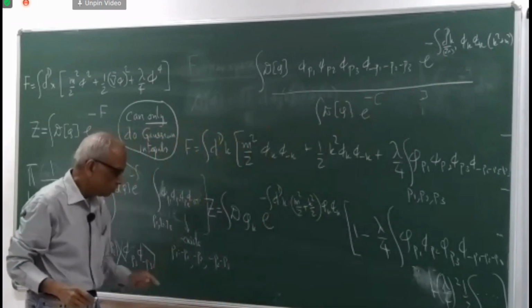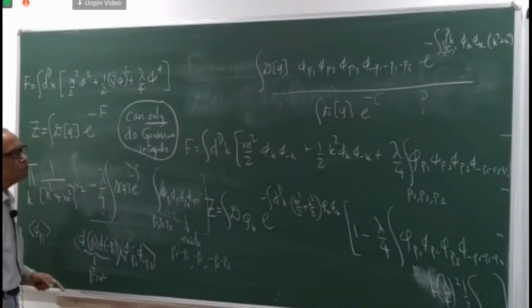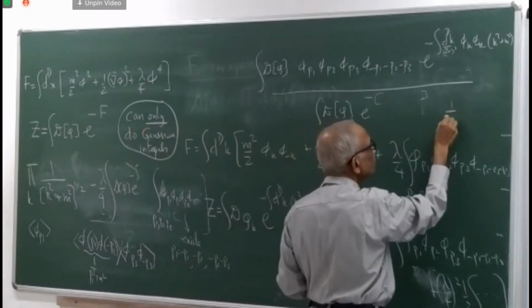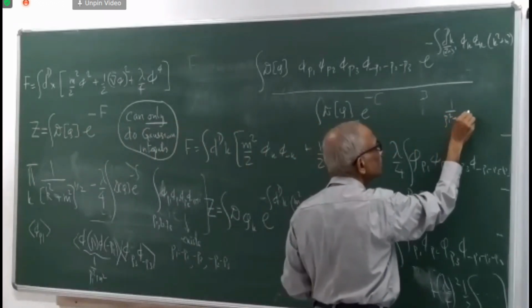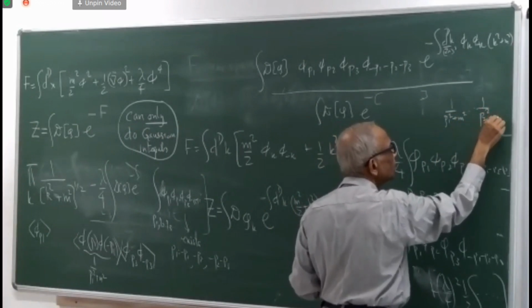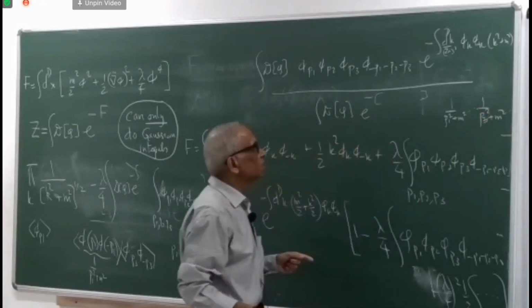That is the quantity which is 1 over P1 square plus M square into 1 over P3 square plus M square.